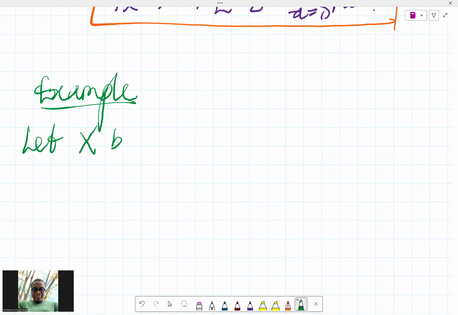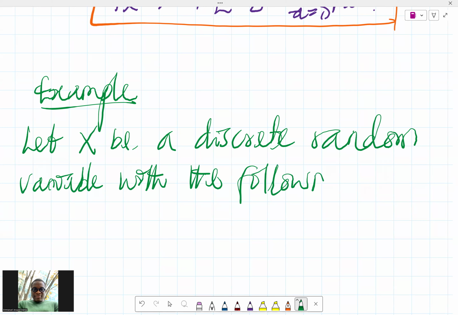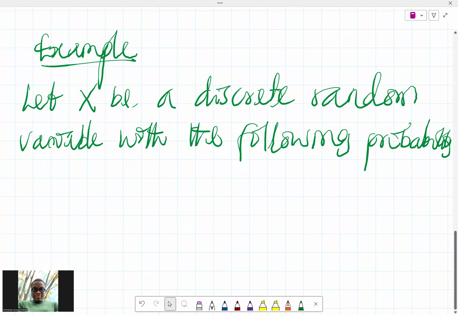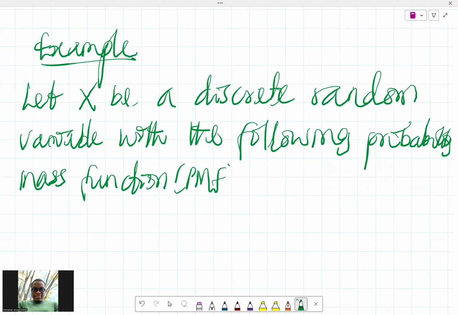Let X be a discrete random variable with the following probability mass function, PMF for short.